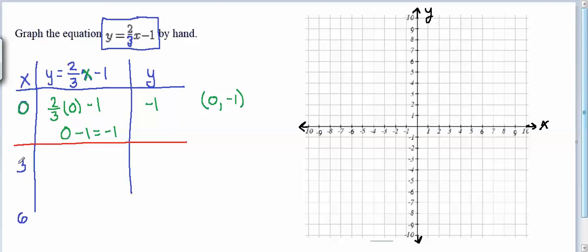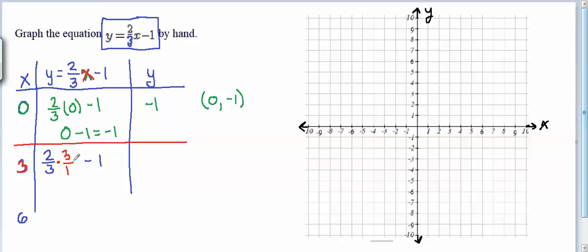So now I have x equals 3. So I'm going to go up to my original equation. Wherever I saw an x, I'm going to put in a 3. So I had there y equals 2/3 times x. And since x is 3, but I'm dealing with a fraction, I'm going to write it as a fraction times 3 over 1. So I'm rewriting that 3 as 3 over 1, and then finishing it off, subtract 1 to copy that formula.